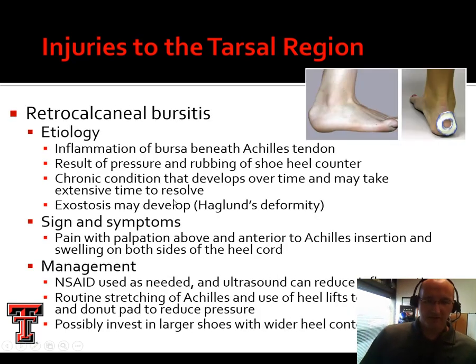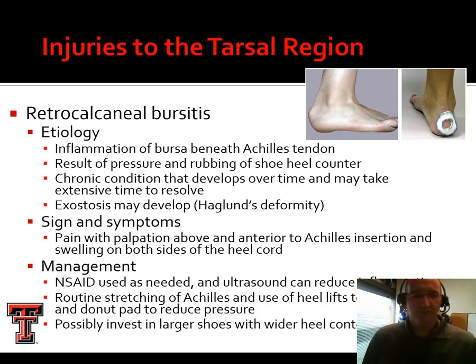Okay, retrocalcaneal bursitis. Retro means behind. Calcaneal refers to the calcaneus, and bursitis refers to an inflammation of the bursa there. So we see this kind of prominent bump, sometimes called a pump bump, because in some individuals, if a female athlete wears a high heel shoe, it may rub right there and cause trauma to this structure.